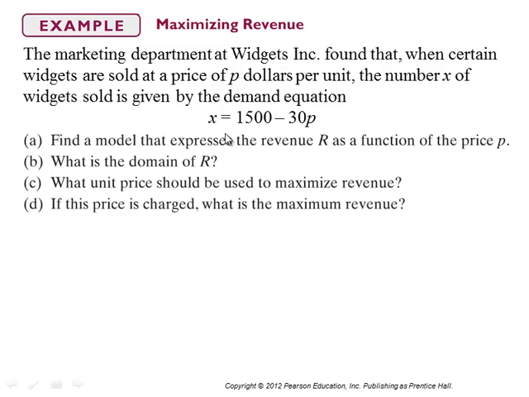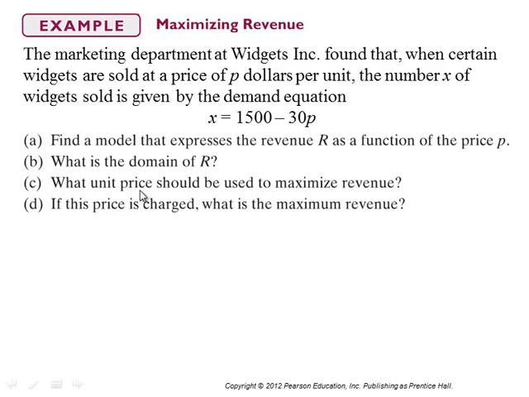Now, suppose that for this particular company, widgets, the number of units sold, X, is given by 1,500 minus 30 times the price. So the number of units sold, X, is a function of price, P. So we're going to answer some questions here, these 4 questions in particular.